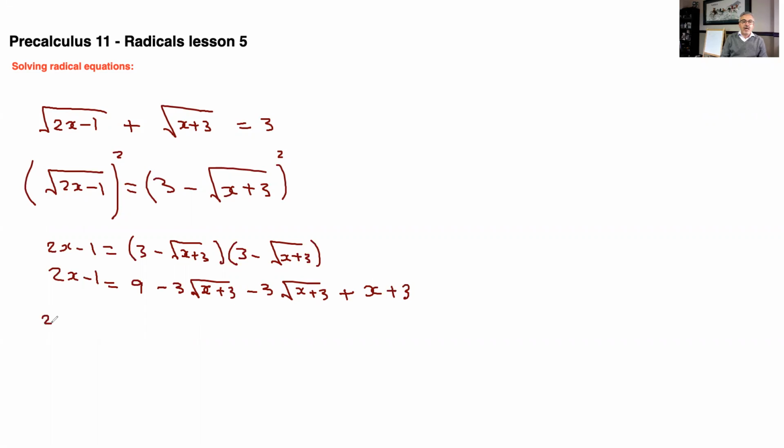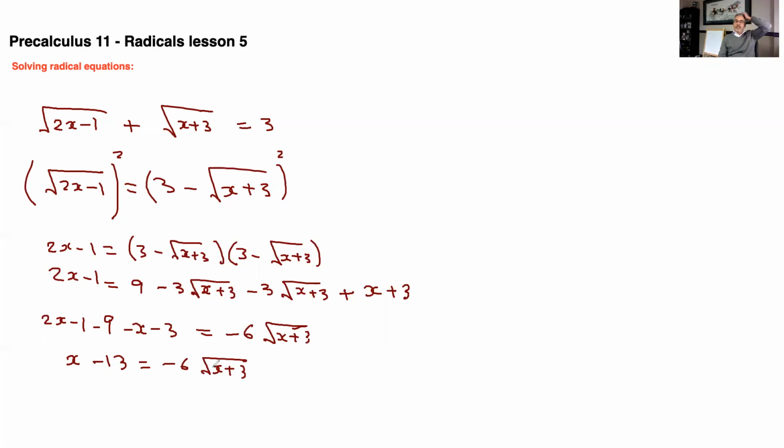So I'll have 2x minus 1 minus 9 minus x minus 3 equal, and these are like terms, so I could add them and they give me negative 6 root x plus 3. Now 2x minus x is x, negative 10 minus 13 equals negative 6 root x plus 3.